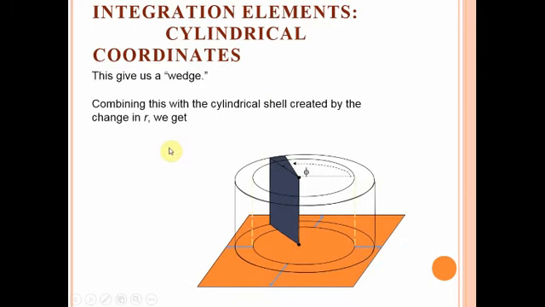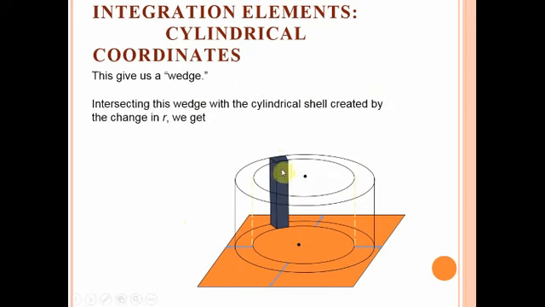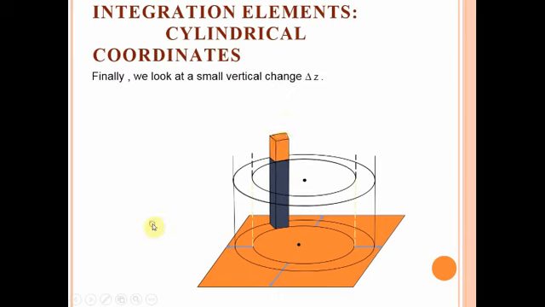So we have a wedge type of structure, created from the rotation of the plane from one point at a certain angle phi to another at angle phi plus delta phi. This is the incremental element at that particular site.